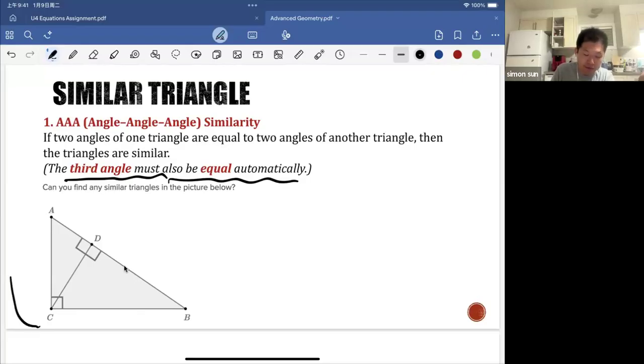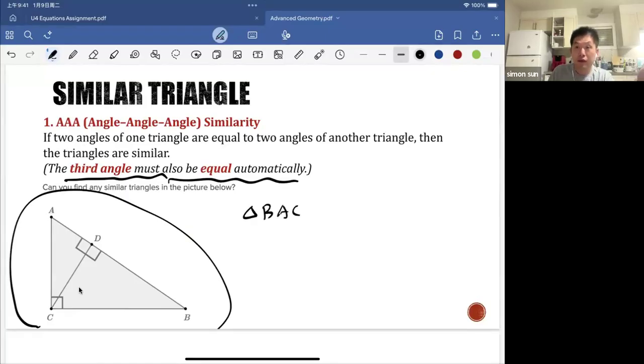Let's take a look at this graph. Find any similar triangles in the picture. Okay, why don't we take the large one first, the triangle BAC. That's the largest triangle in the graph. Which one is similar to this one?